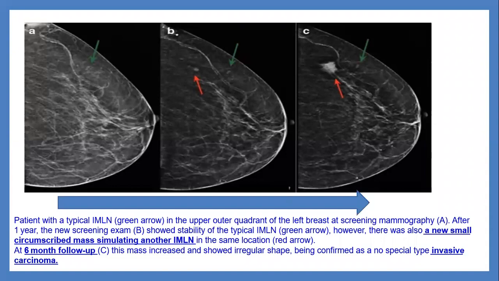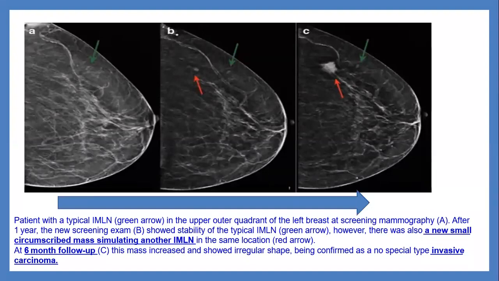till the 6 months mammography, okay? Or they reported it as probably intramammary lymph node for 6 months follow-up, and the lesion progressed because it was malignant, okay?